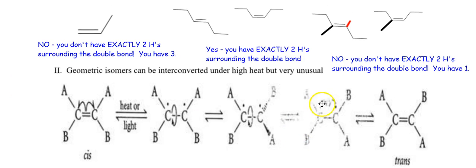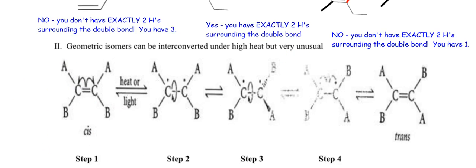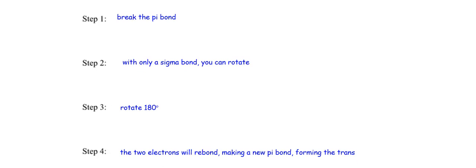Once you have those 2 pi electrons, you can solidify this with that pi bond, the double bond, and it will no longer rotate. Now you are stuck in that trans position where you were stuck in the cis position earlier. Let me give you this one more time so you can write it down. And I believe that is it for section 3.5.